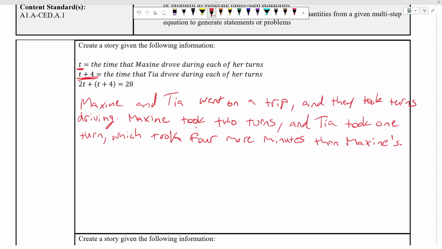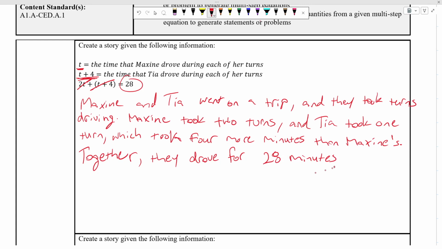Let's see, what else do I got here? I took care of this in my word problem. I got this to deal with though. Okay, let's deal with that for a second. So I can say, together, because this plus is here, they drove for, I'll say, 28 minutes.